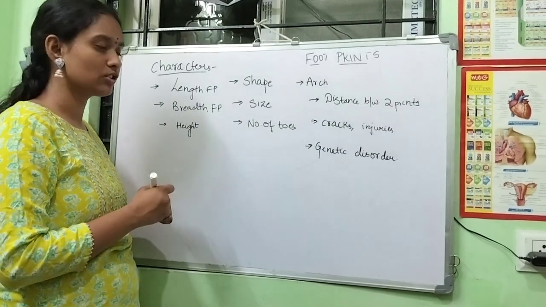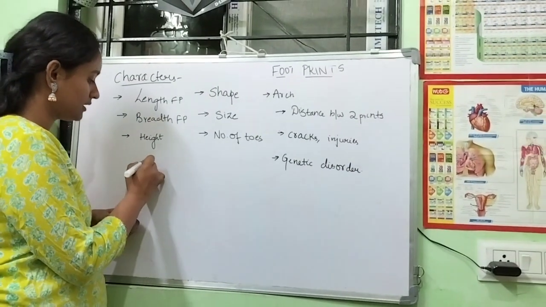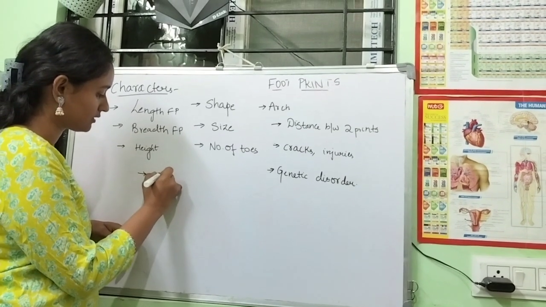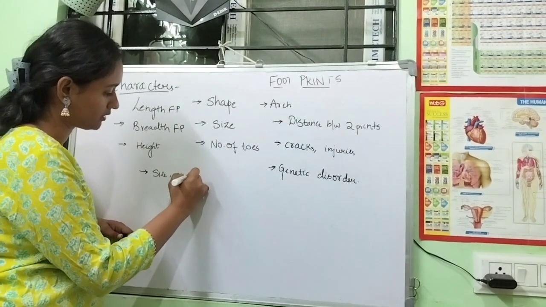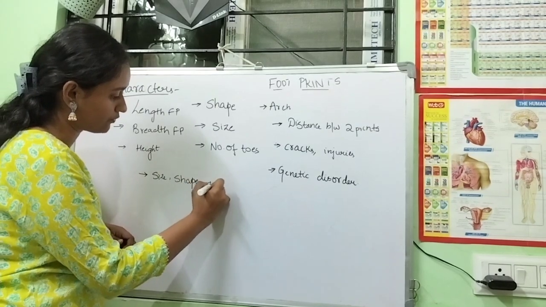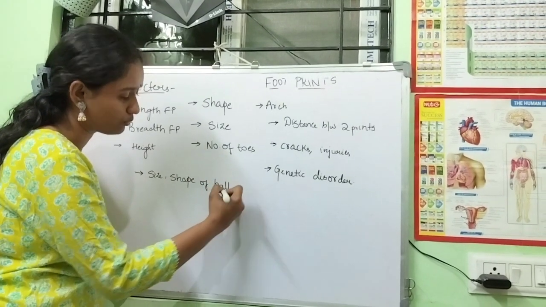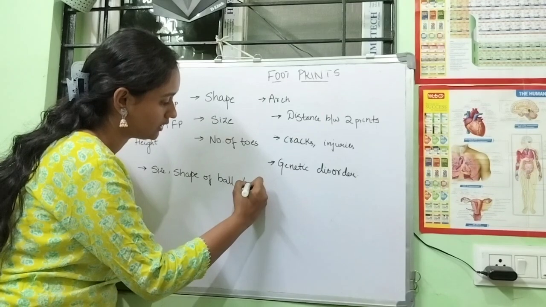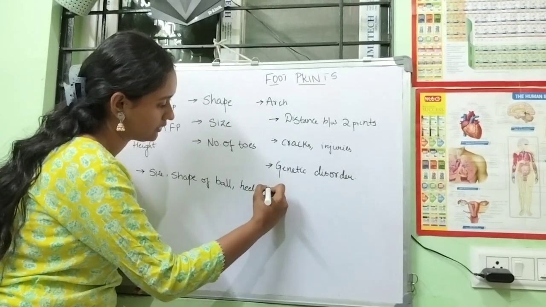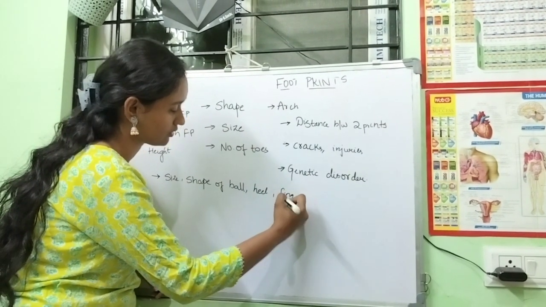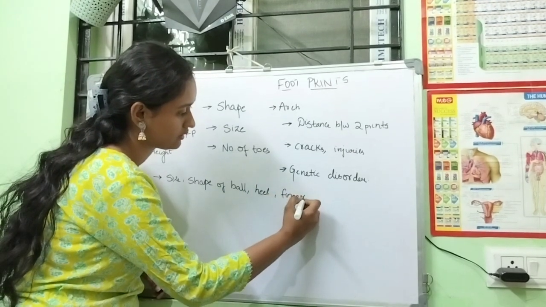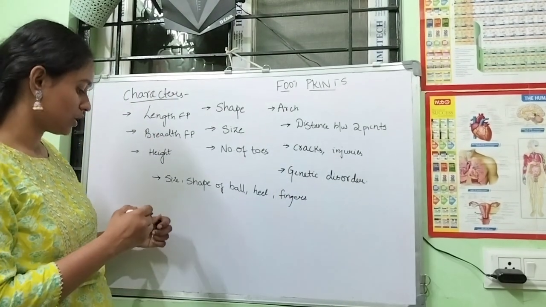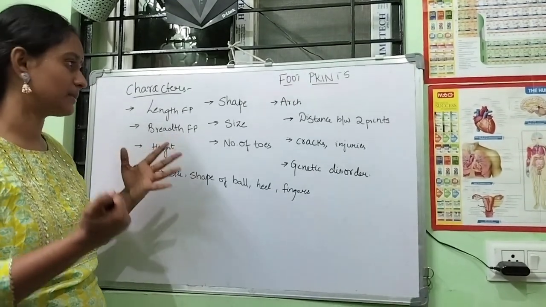In that, you also have separately the size and shape of the ball of the foot, the heel, and even the toes, the foot fingers. So let us discuss each and everything.